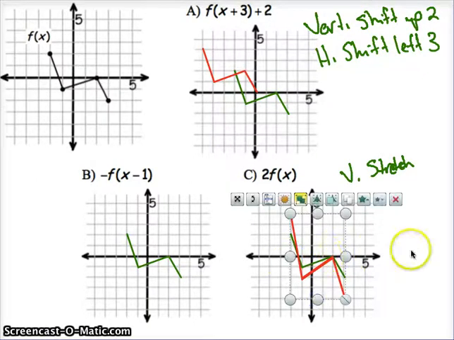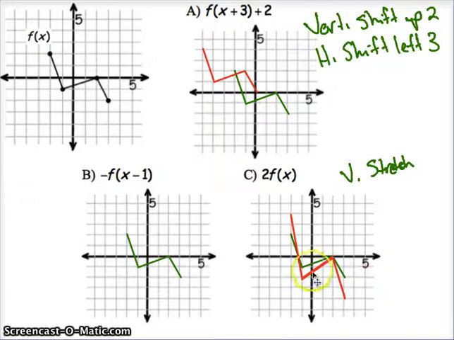Notice what was at 0 never moved, because 0 times 2 is still going to stay at 0, but 2 units up becomes 4, 2 units down becomes 4, 1 unit down became -1, and essentially we've stretched from the x-axis everything twice as tall. Now a negative on the outside is going to be a reflection, so I redrew that here. Notice I've reflected everything.